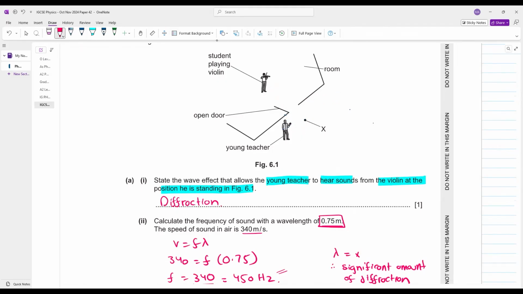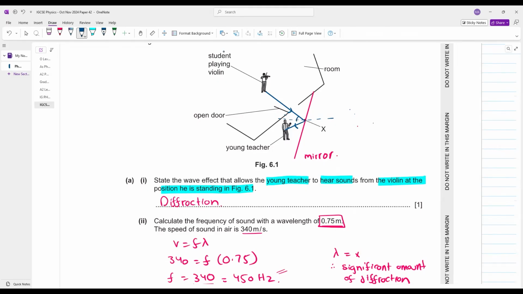So let's say this is your mirror. Your light rays come and hit the mirror like this, and they get reflected back into the eyes like this. Simple.